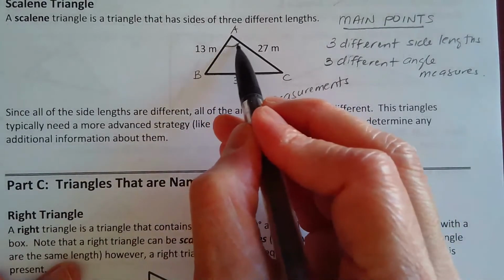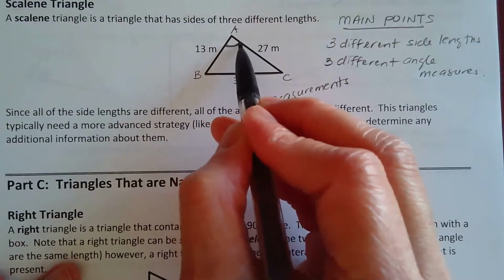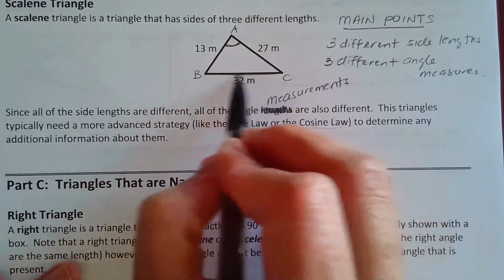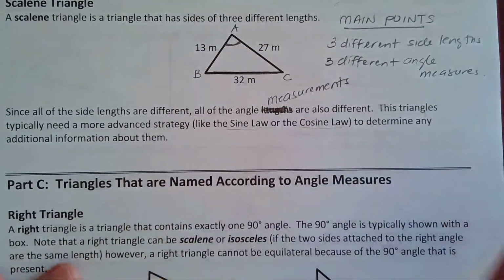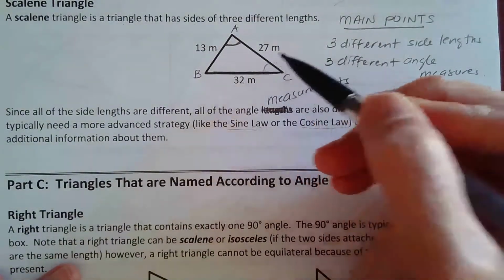So the biggest angle opening will give us the biggest length. And then angle C is the smallest angle opening.